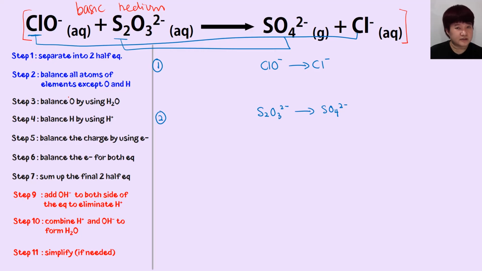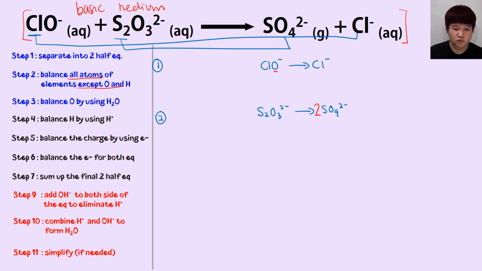Second step, same as your acidic, balance all atoms except oxygen and hydrogen. Chlorine, chlorine, 1, 1. S2, S1. So we take 2 sulfur. Next step, balance the oxygen by using H2O.